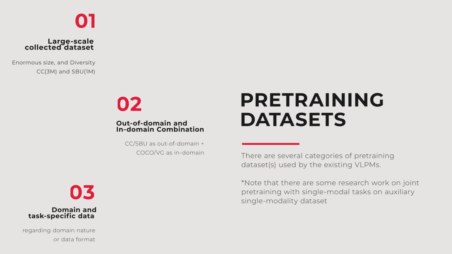The inclusion of in-domain datasets for pre-training is shown to lead to better domain adaptation in downstream inference. Furthermore, some VLPMs with focus on tasks such as visual dialogue also apply domain or task-specific data only for pre-training, due to the reduced suitability of the above text-image datasets regarding domain nature or data format.